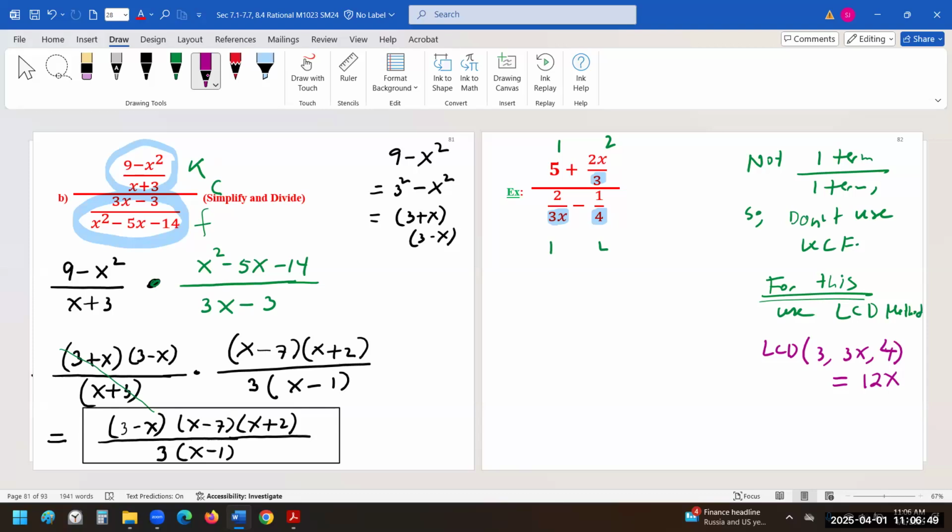Now, once you have your LCD, multiply every numerator, every top, by the LCD. And then cancel, rewrite. Okay.